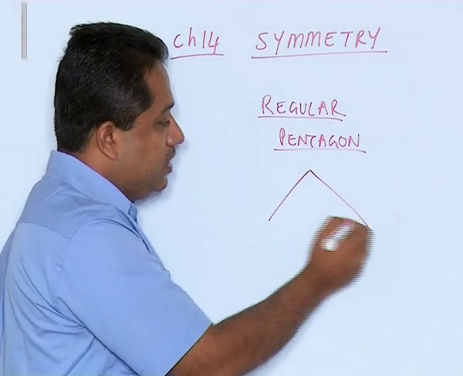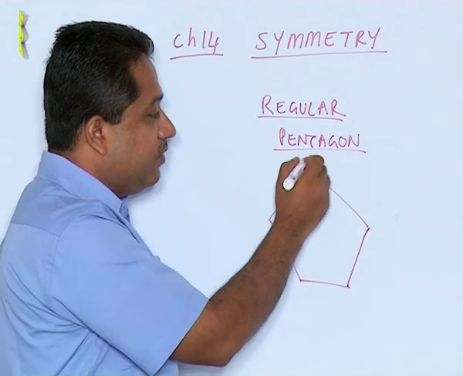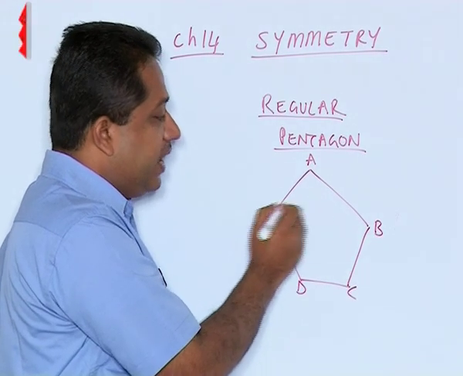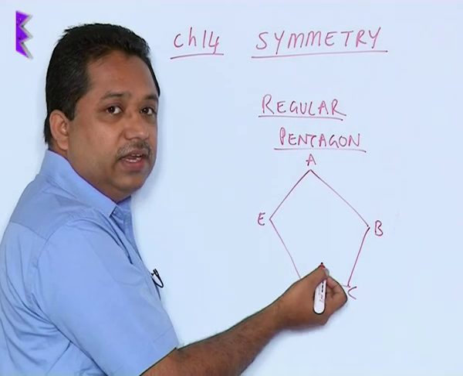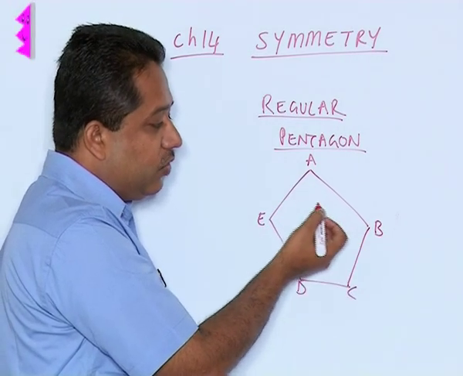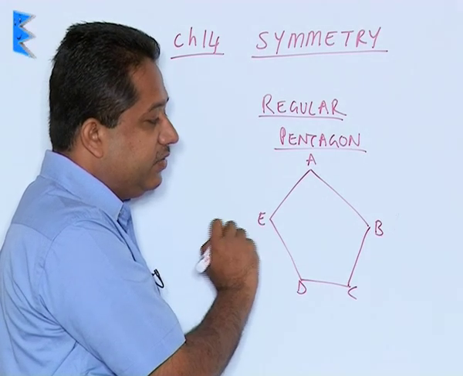So we have 1, 2, 3, 4 and 5. So this is a 5-sided figure. Now if we want to find out what is the angle of a pentagon, just like we found out for a triangle it is 60 degrees each, and for a quadrilateral and for a square we saw that the total was 360 and therefore it's 90 degrees each.